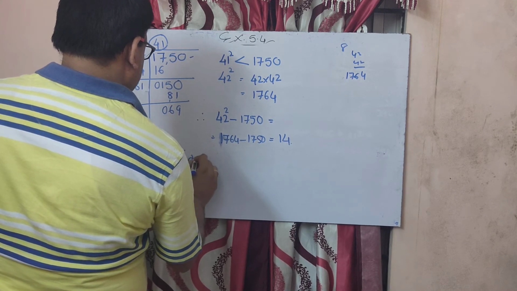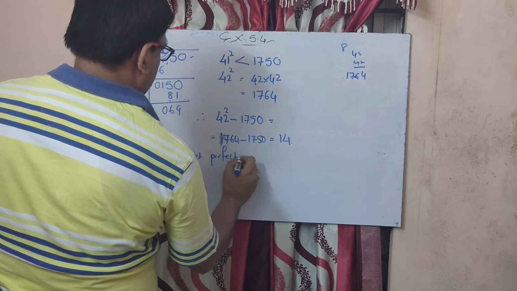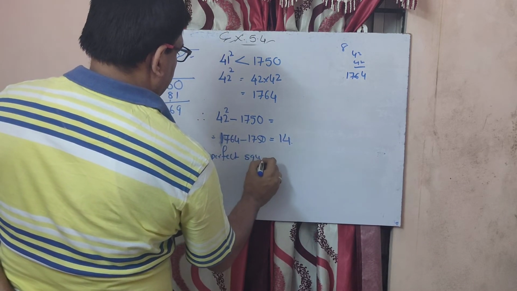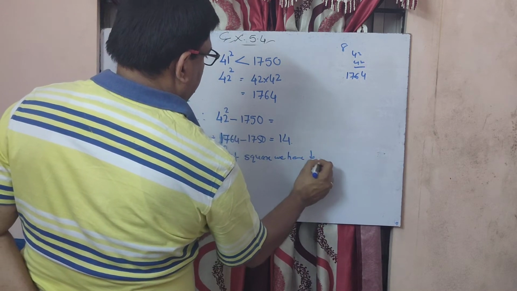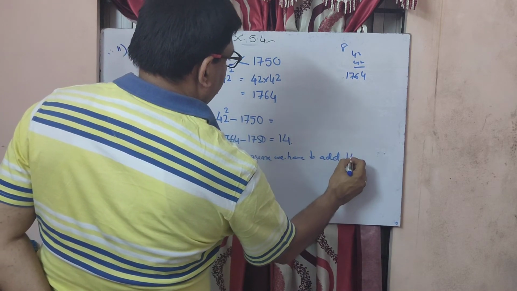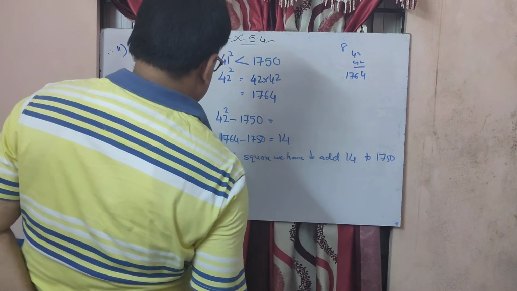to get a perfect square, we have to add 14 to 1750.